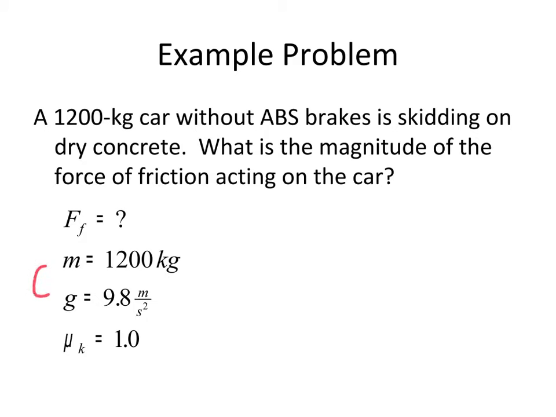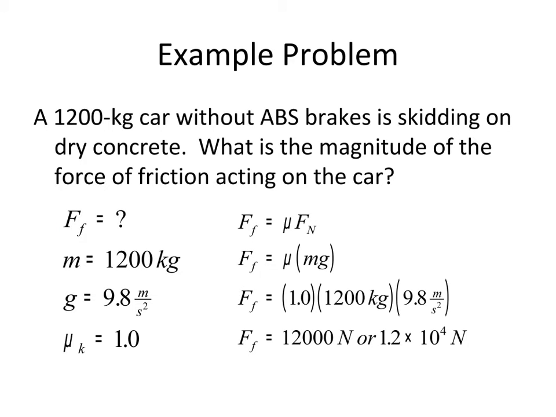Well, here we have our given values and our unknown. Coefficient of kinetic friction in this case, 1.0. And now we'll select our equation and solve. So the force of friction is equal to the coefficient of friction times the magnitude of the normal force, and then we'll substitute the values in.